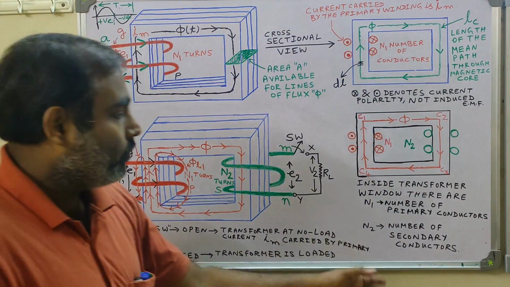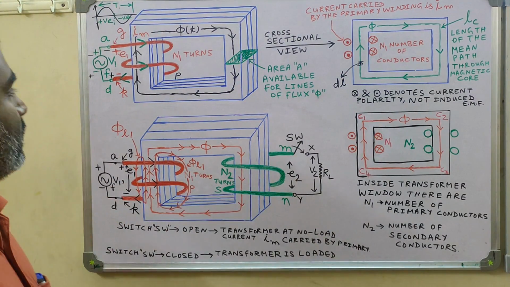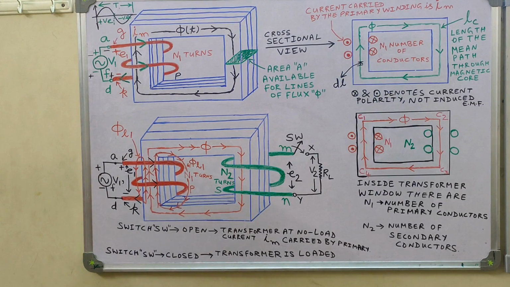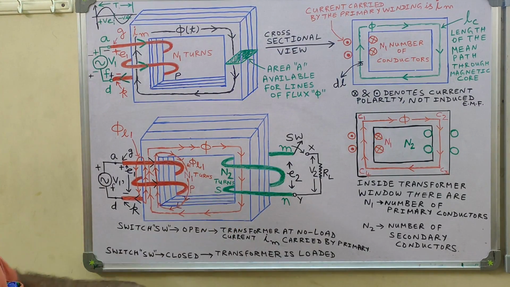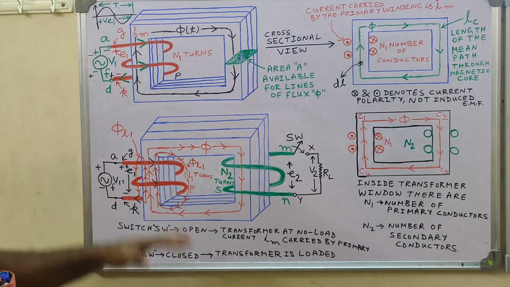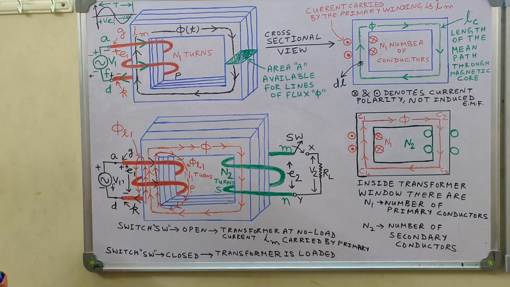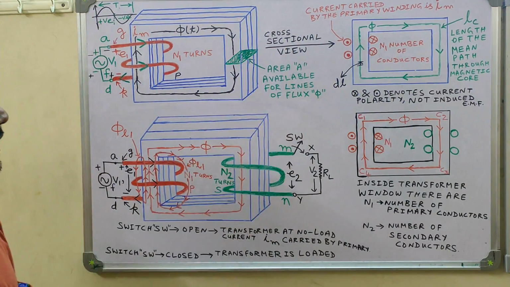Now that we have made ourselves familiar with this, let us think of the equivalent magnetic circuit which we can draw. For drawing the magnetic circuit of the transformer, I have taken the cross-sectional view which you can see over here.